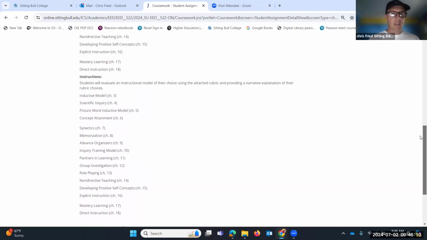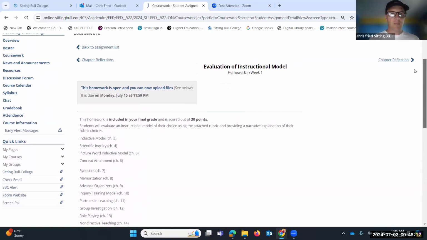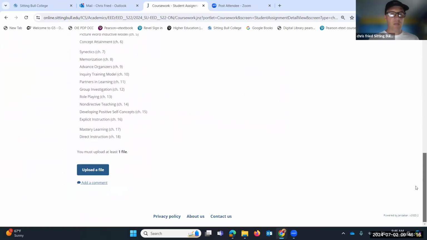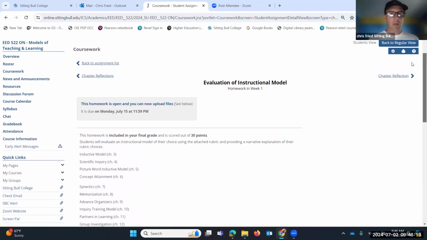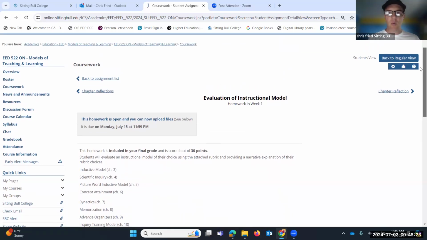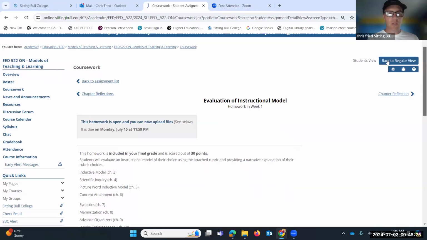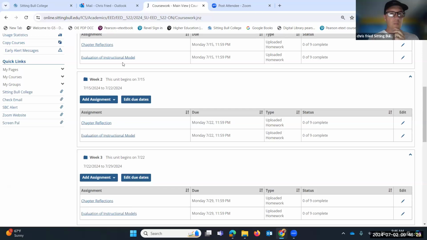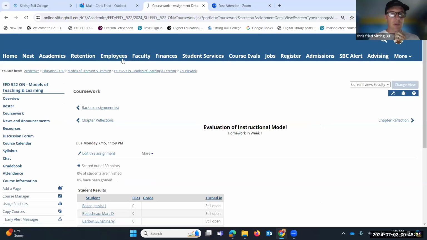I don't know why I can't see that. The rubric is attached here, but maybe because I'm the instructor I can't open that. If you click on this, maybe it'll give it to me.